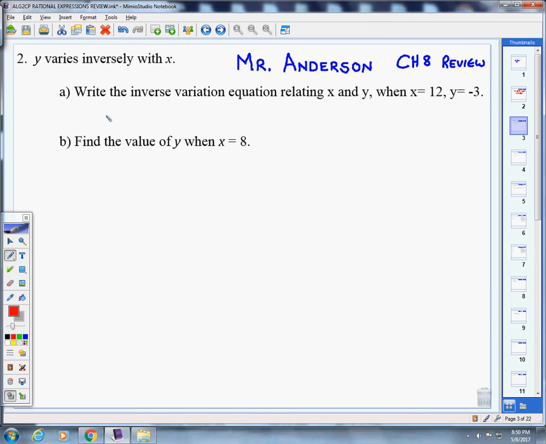Y varies inversely with x. So now we have this general equation. We've got y equals some constant divided by x. There's that inverse relationship between y and x. We need, again, to find this constant in order to develop the equation. Plug in 12 for x, negative 3 for y.